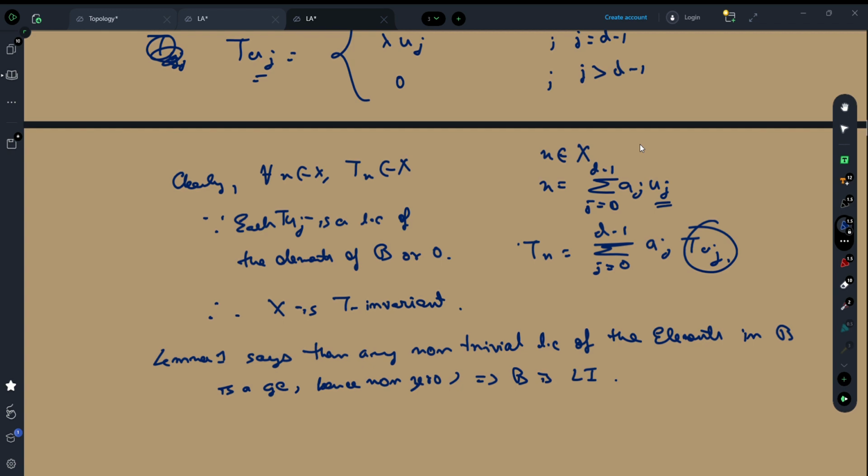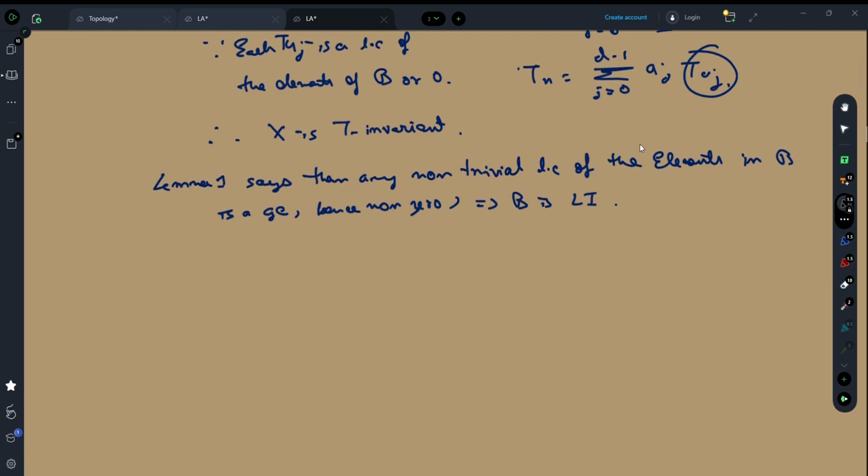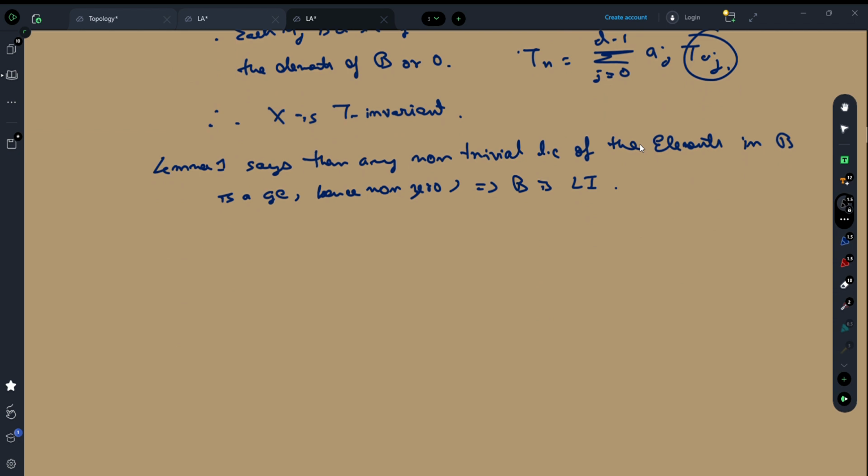What is an immediate corollary of this? When we studied generalized eigenvectors, I already mentioned that they are associated with the eigenvalues of T. But you can speak up about the fact that the eigenvalues we speak of in terms of generalized eigenvectors are the same as the eigenvalues we speak of when we discuss standard eigenvectors.